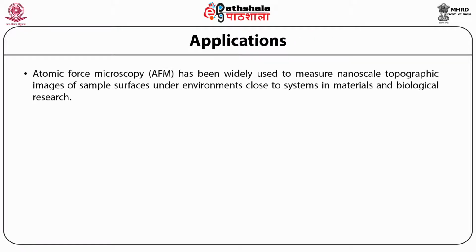AFM has been widely used to measure nanoscale topographic images of sample surfaces under environments close to those of systems in material and biological research. In AFM, a very sharp tip made of silicon or silicon nitride, basically Si3N4, is used to probe local information on the sample surface.